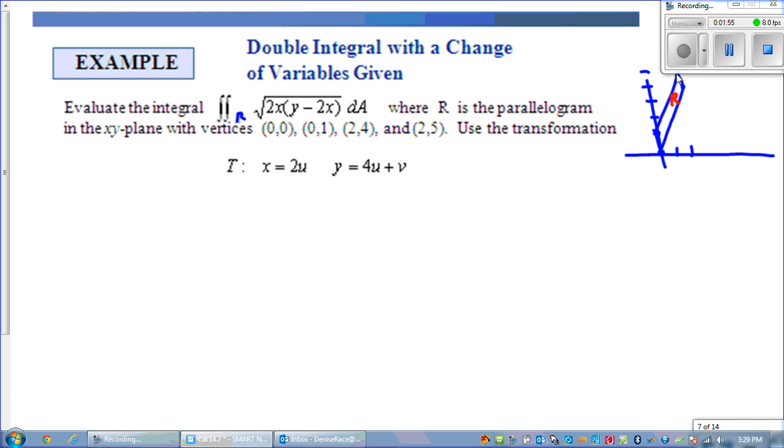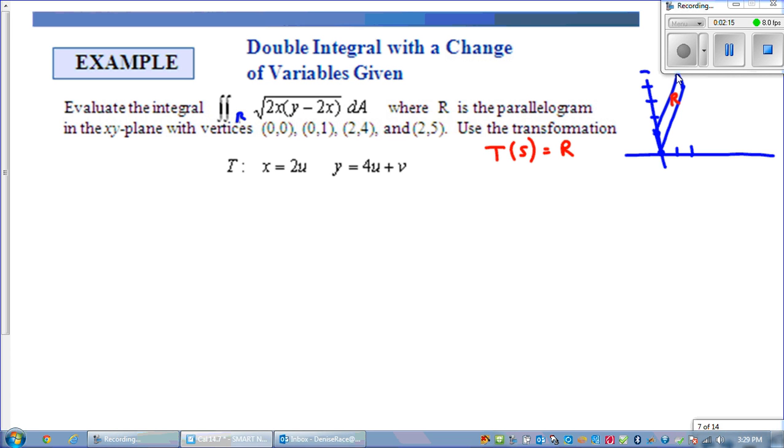Okay, now the transformation that we're given here is taking the region S into the region R. But we need to find the region S. So we need to find the UVs. So we're given that x is 2u.